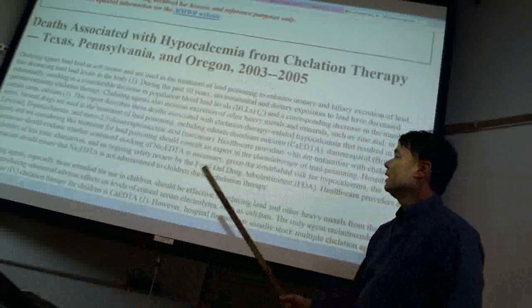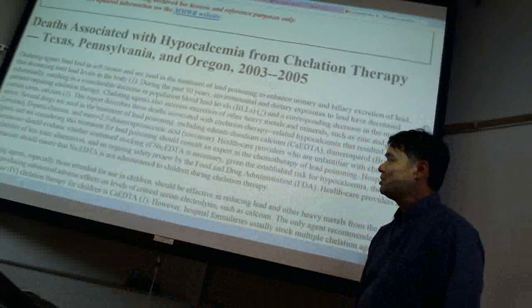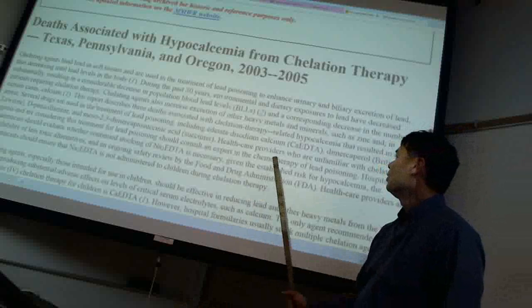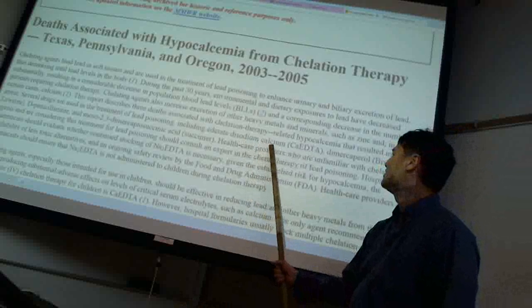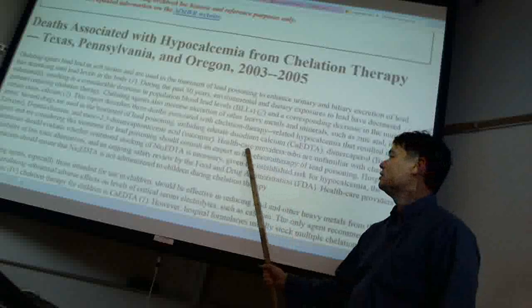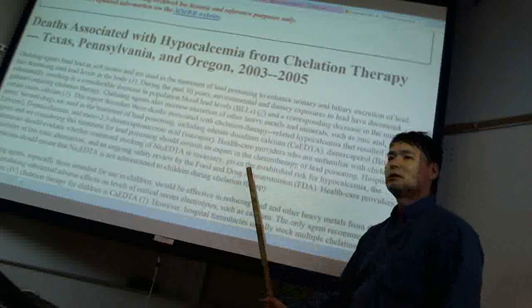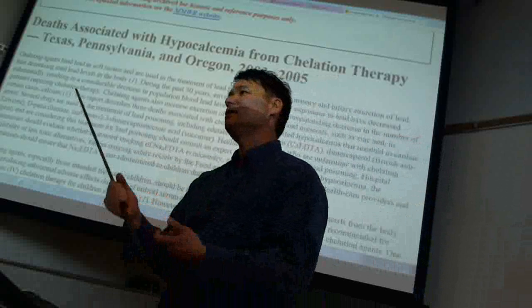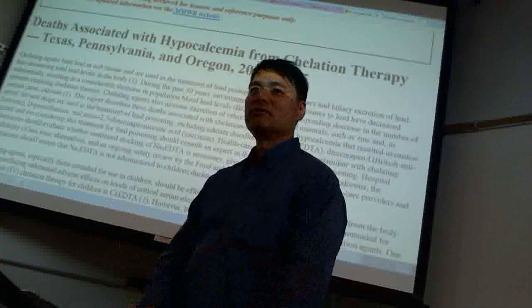And there are two chelating agents available as drugs. One is disodium calcium EDTA, or just called calcium EDTA. The other is just sodium EDTA. Calcium EDTA and sodium EDTA can be given intravenously.